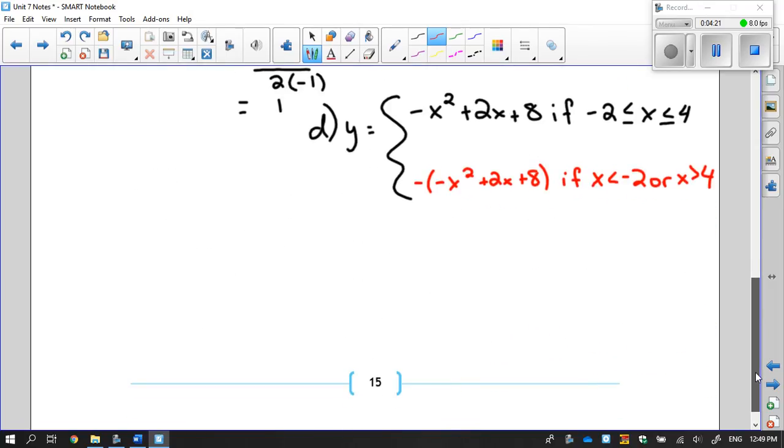Yeah. So that really relies on knowing our invariant points. Our invariant points are x is equal to negative 2 and 4.